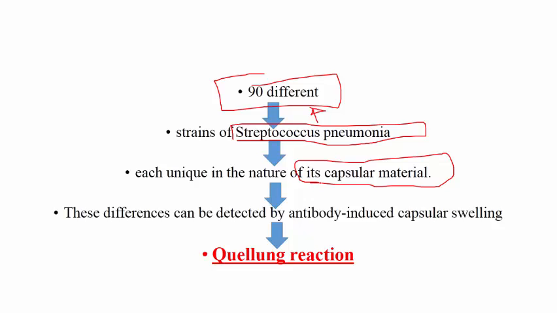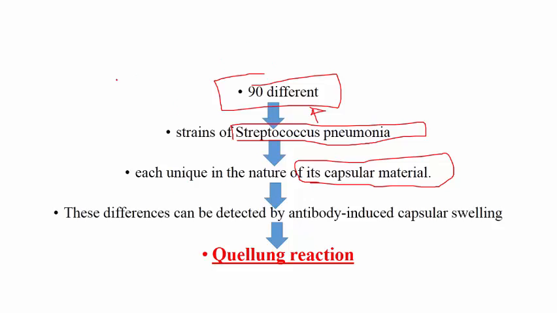The antigen or protein of the capsule is different in each strain. They belong to the same species, but have a minute difference in capsule structure. That is the reason they are called serovars.